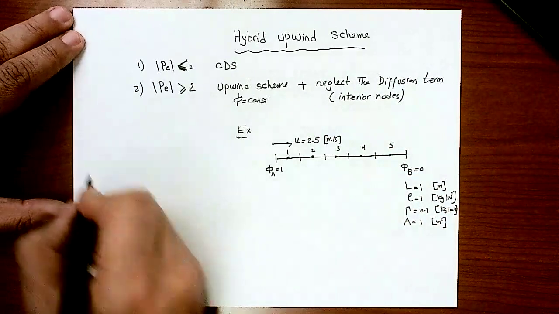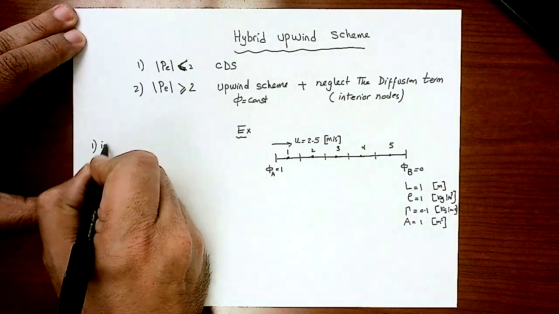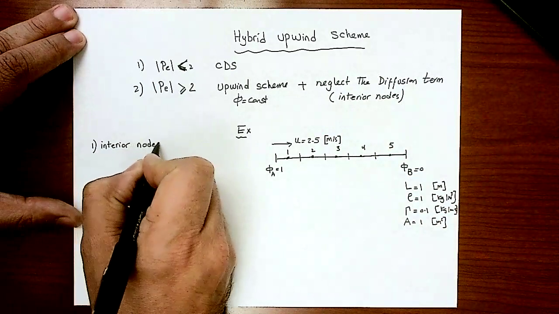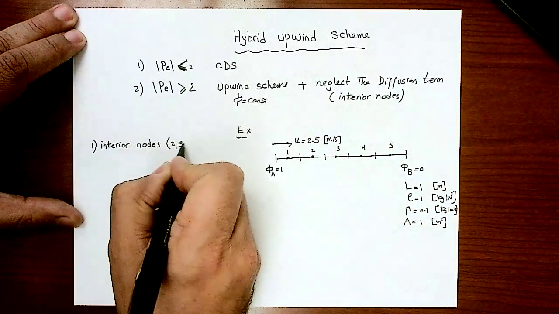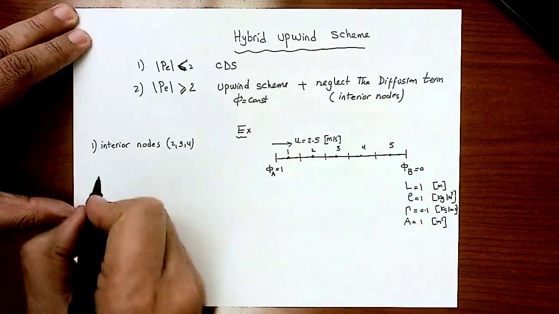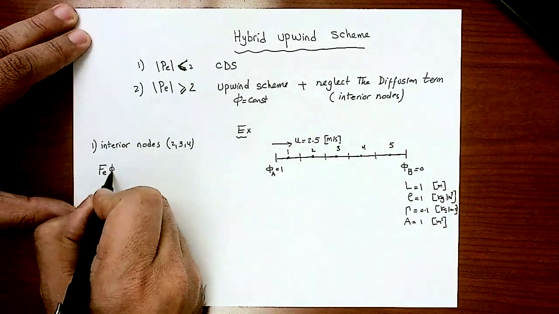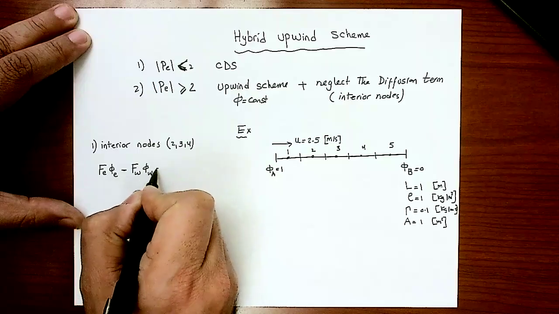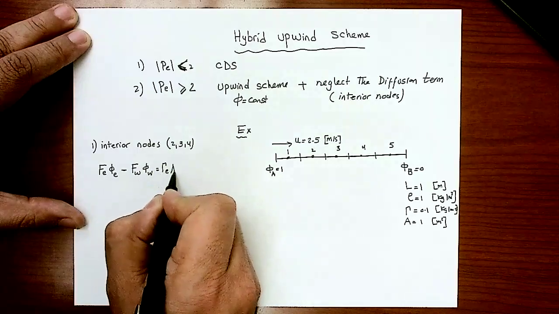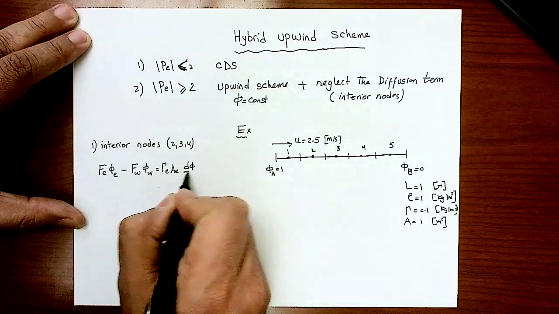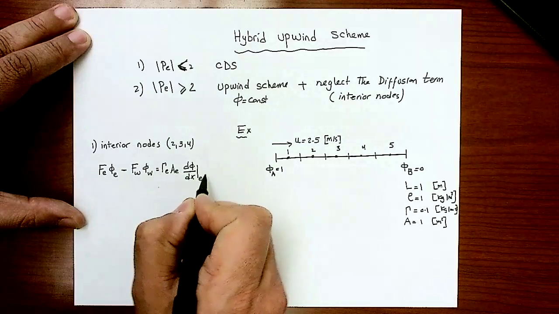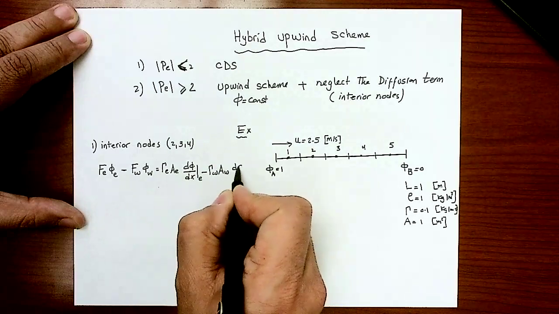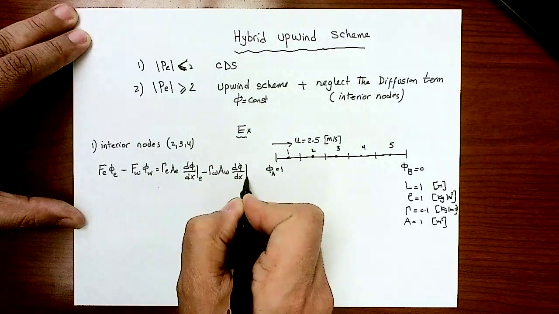I'm going to start again with, as usual, the interior nodes 2, 3, and 4. We all know that the equation ends up being F east phi east minus F west phi west is equal to kappa east A east d phi by dx on the east minus kappa west A west d phi by dx on the west.